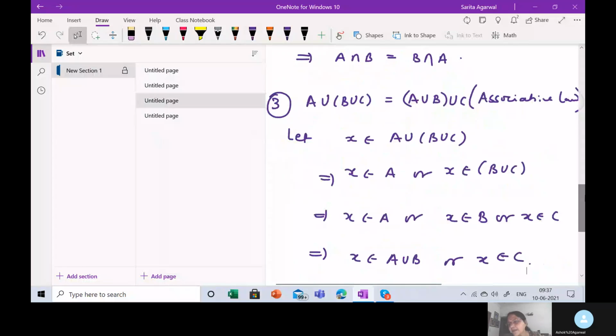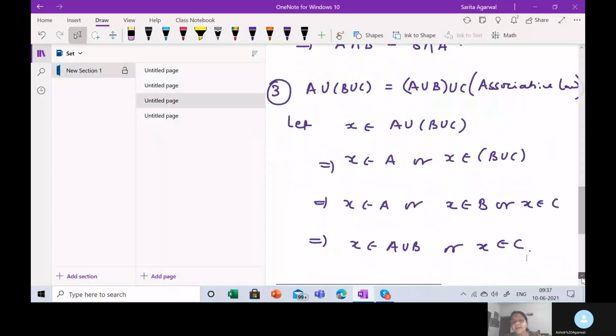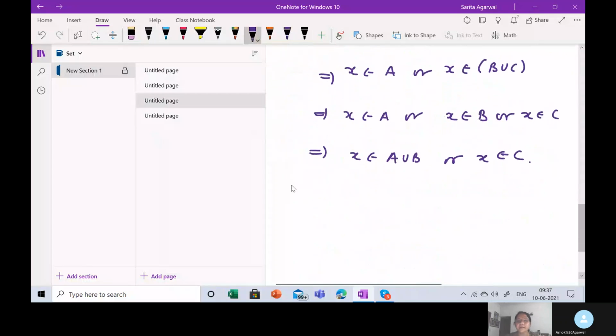And this gives us that X belongs to A union B union C. If we have this, we have this.